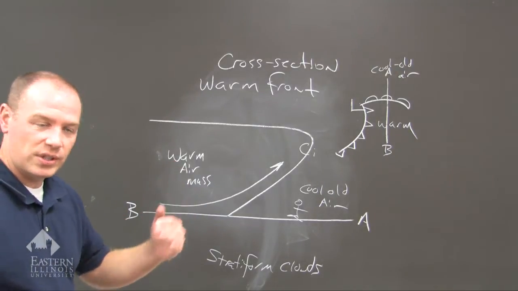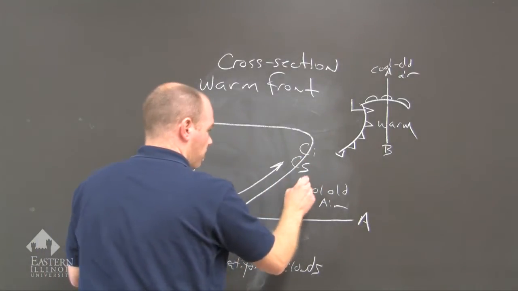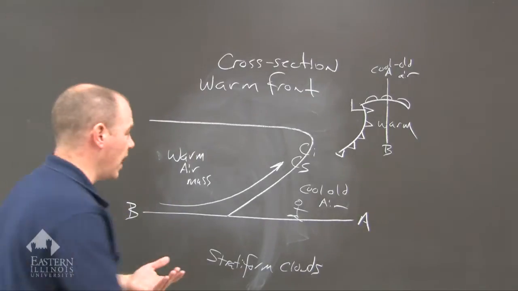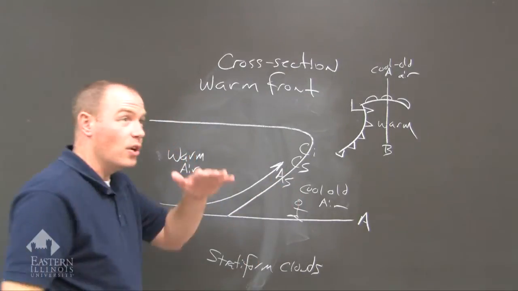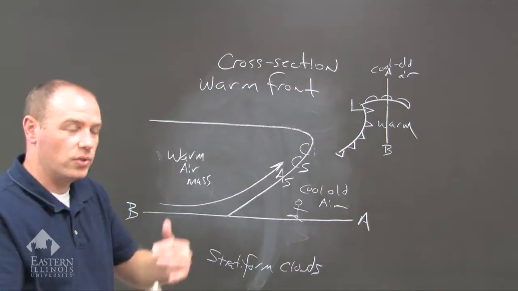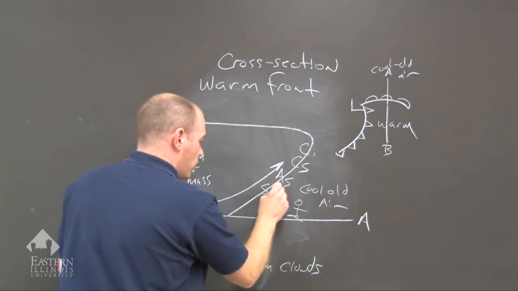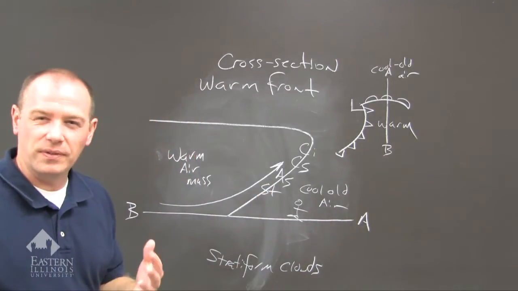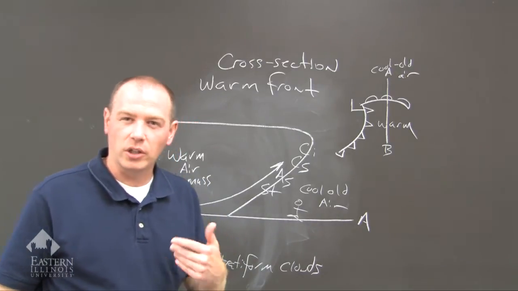And then next you'll see cirrostratus clouds move in. Then you'll see altostratus clouds move in. We see these clouds getting closer and closer to the surface of the Earth. Then we see stratus clouds, which start to have more of an appearance of darkness and gloominess.